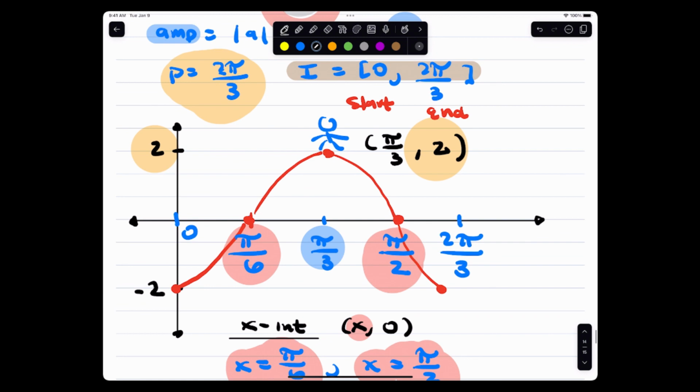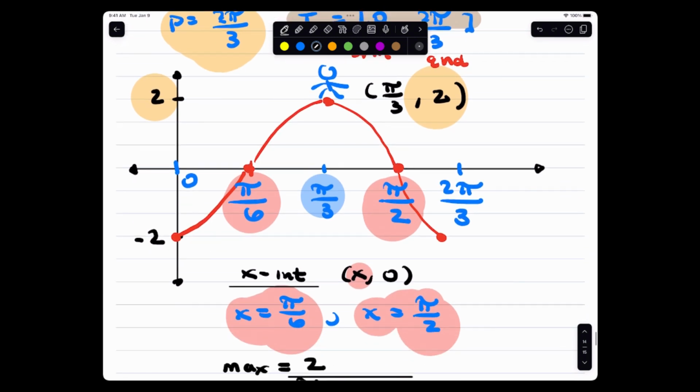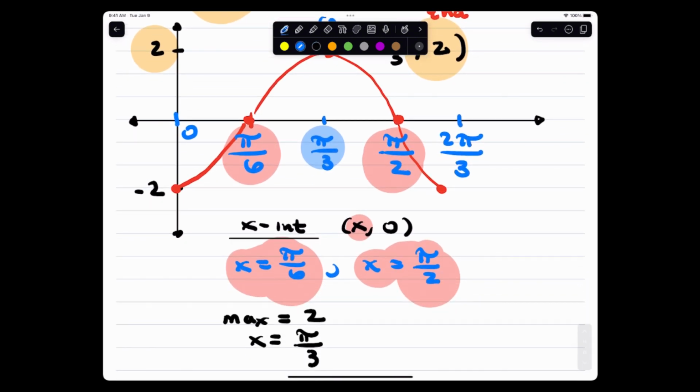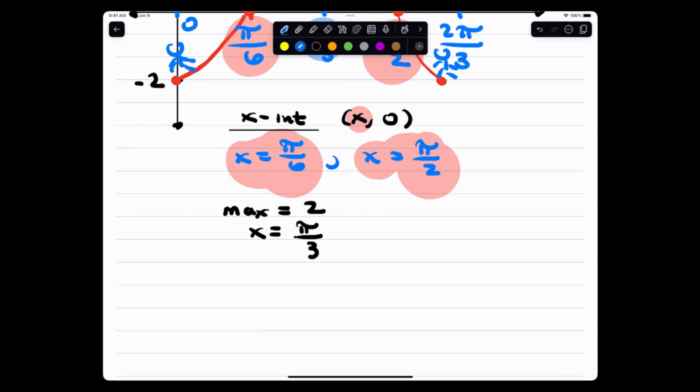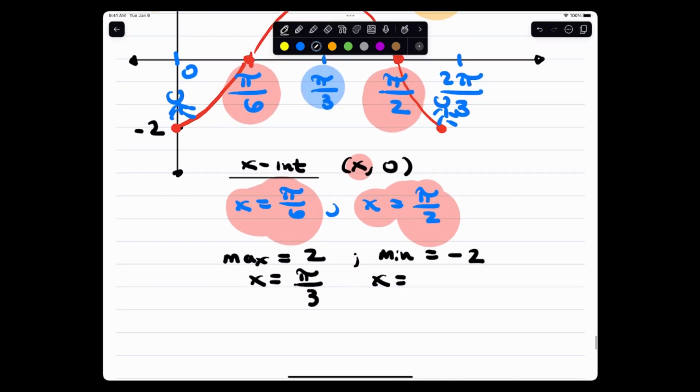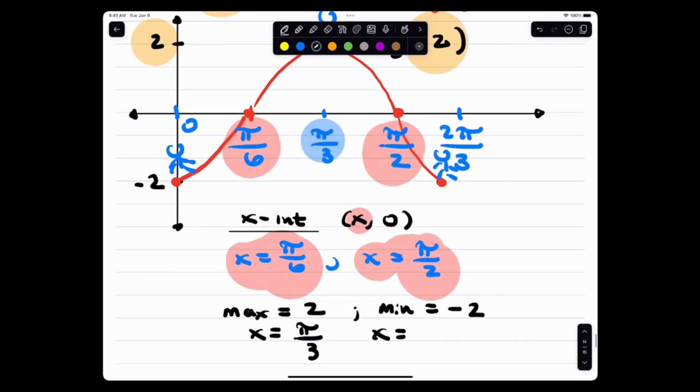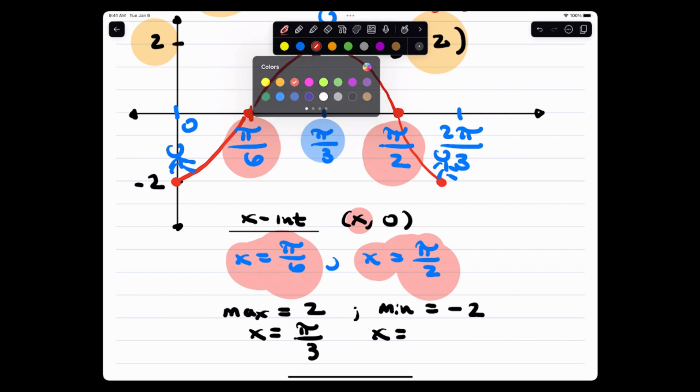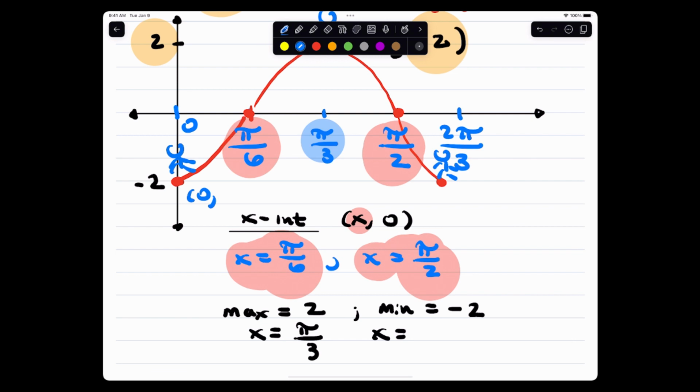Okay, now what about the minimum? Doesn't it have 2 minimum values? Where are the minimum values? Here and where? Here. The minimum value is what? -2. That happens when x is, what's the address? If I said to you, what's the address of this location? X will be 0 and y is -2.